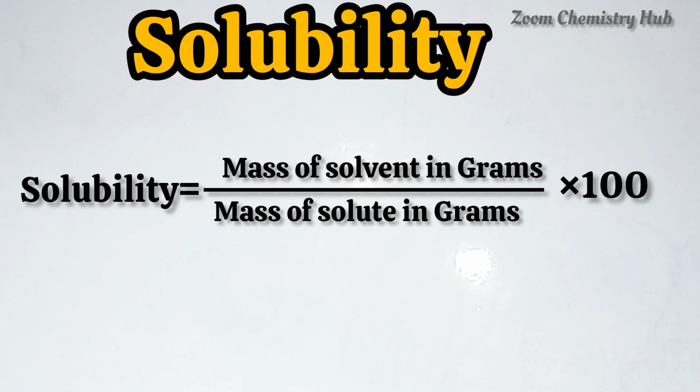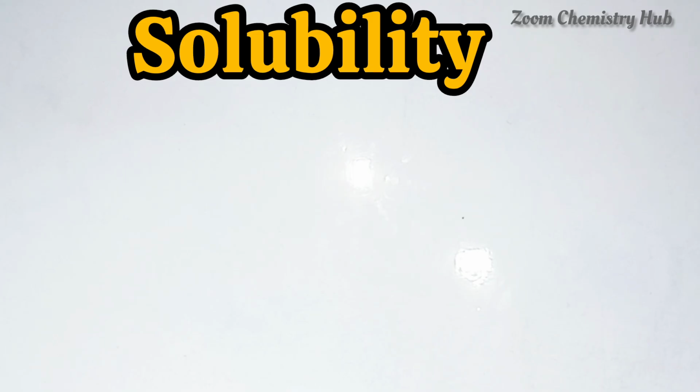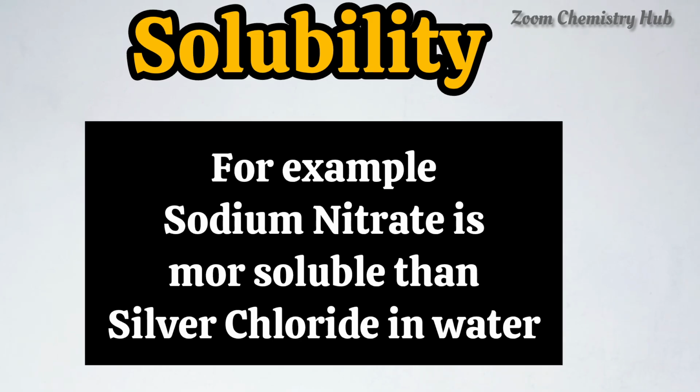As we know that different substances have different solubilities in the same amount of solvent at a specific temperature. For example, sodium nitrate is more soluble than silver chloride in water.